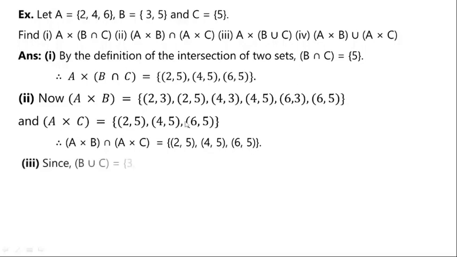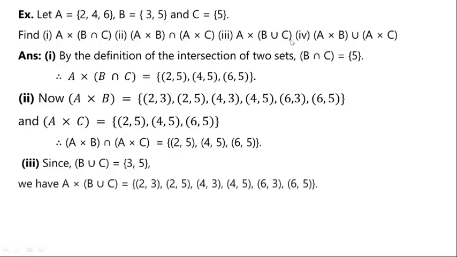Next we have to evaluate A cross (B union C). For that we have to evaluate first B union C. So what is meant by union? The set of all elements that belong either to B or C or both. So which are they? 3 and 5. So how to get A cross (B union C)? That means the Cartesian product of A with respect to B union C. So the first element of A relates with 3, and the first element of A relates with 5.